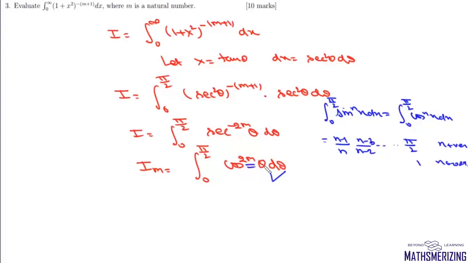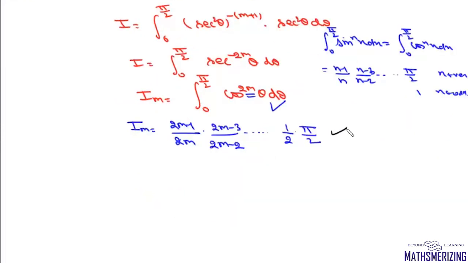Now in this case it is an even power. So if we use the Wallis formula, we can write Im as 2m minus 1, 2m minus 2, 2m minus 3, and it will continue up to 2, 1 and I0, which is pi by 2.